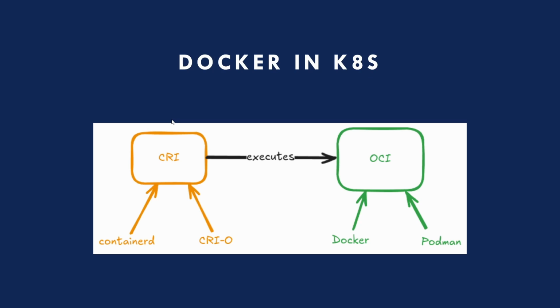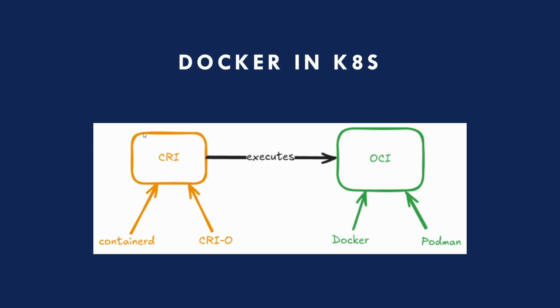In order for the containers to run in Kubernetes, they run on a container runtime platform that implements the container runtime interface, CRI. This is just two examples of container runtimes that implement this interface.